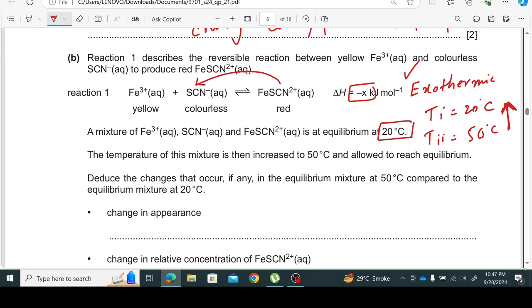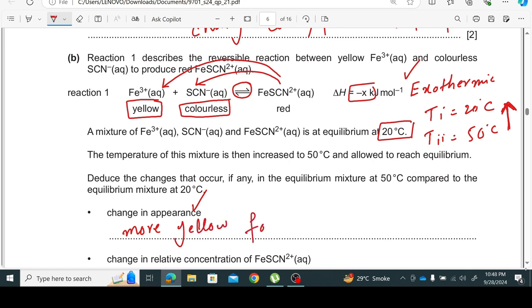On the left hand side, one thing is colorless but the other is yellow. So if the equilibrium shifts left, more yellow color will be observed.